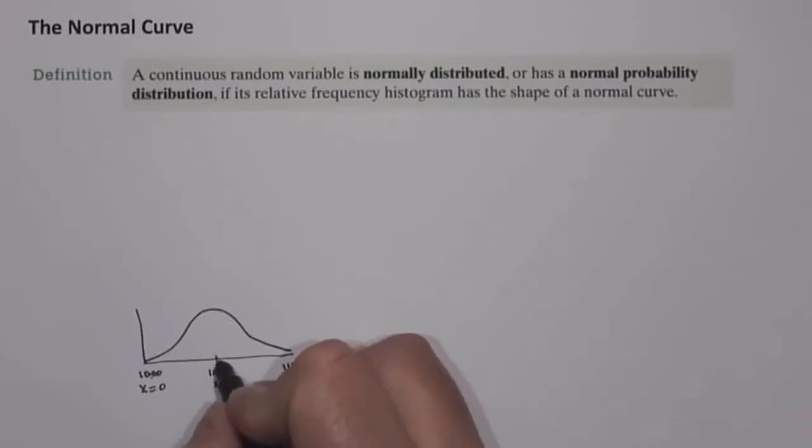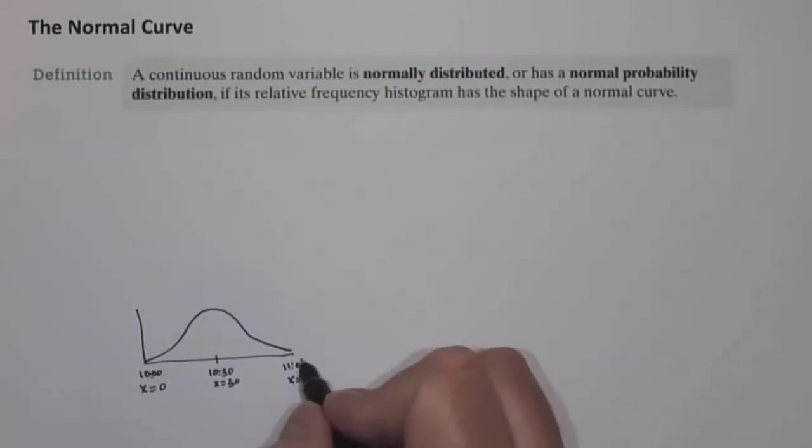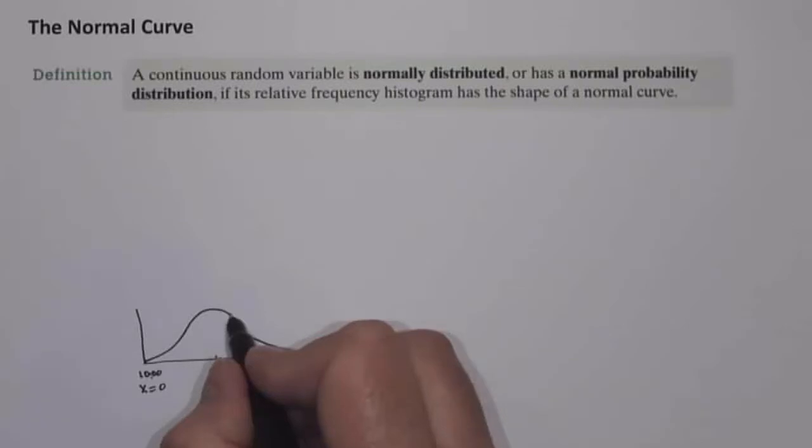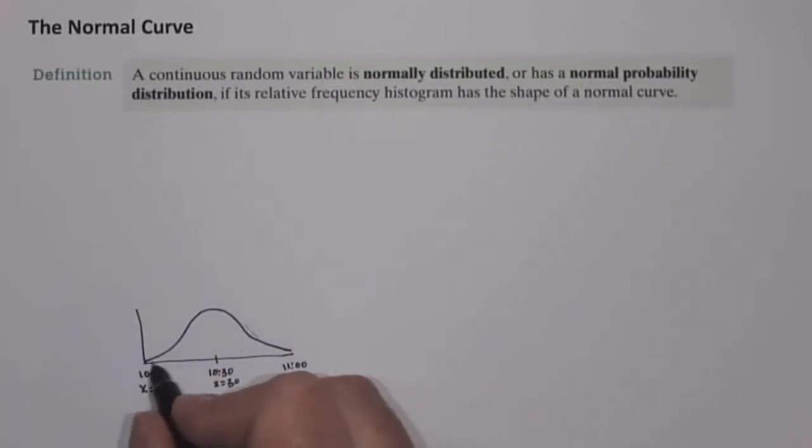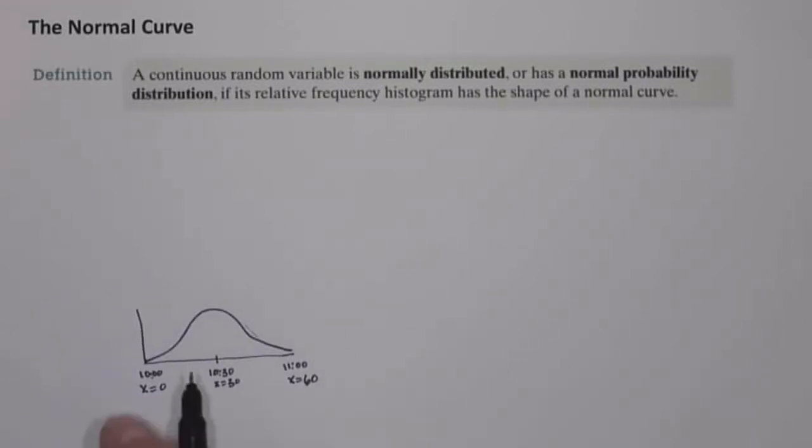In other words, it's more likely that the utility worker would arrive around 10:30 than at 10 o'clock or 11 o'clock. So my point is that the graph would probably not be uniform in a scenario like that. It would probably have more of a shape, perhaps something like this.